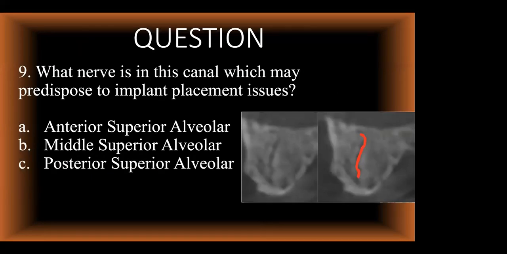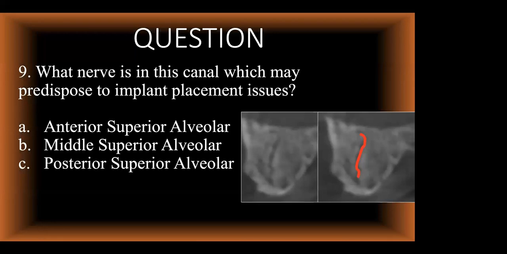What nerve is in this canal which may predispose to implant placement issues? Is it the anterior superior alveolar, the middle superior alveolar, or the posterior superior alveolar? So this is something that we never even knew existed until we started taking CBCT surveys, and we would see this canal in a good majority of our patients.